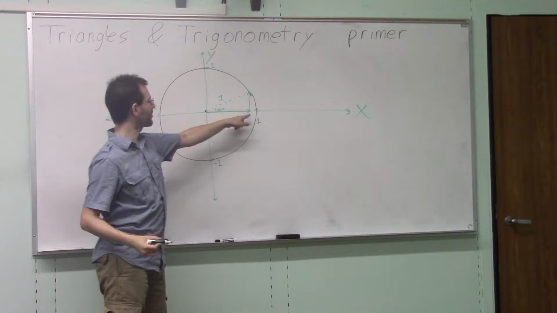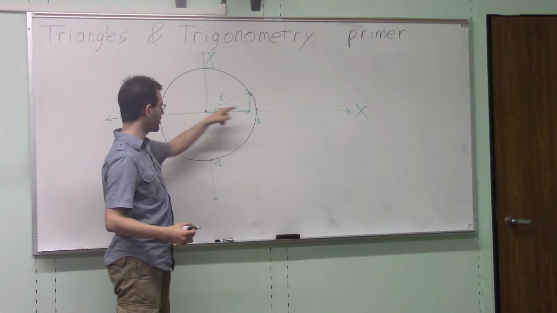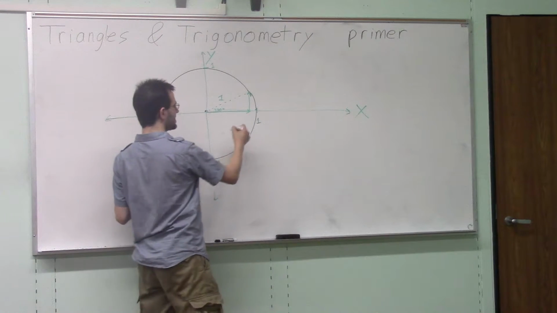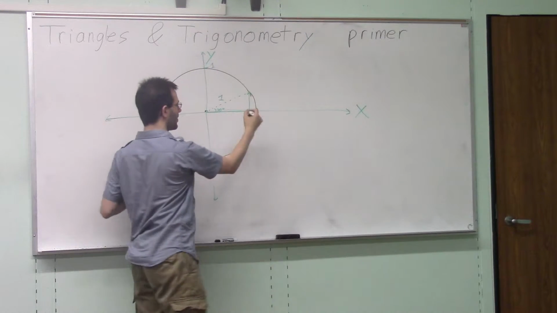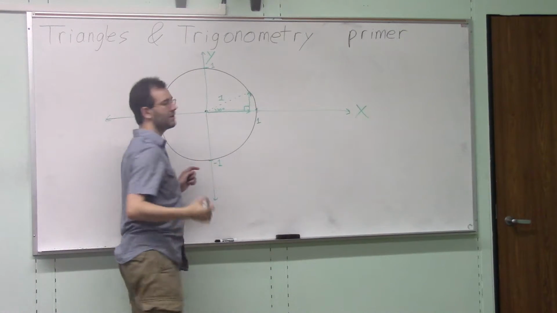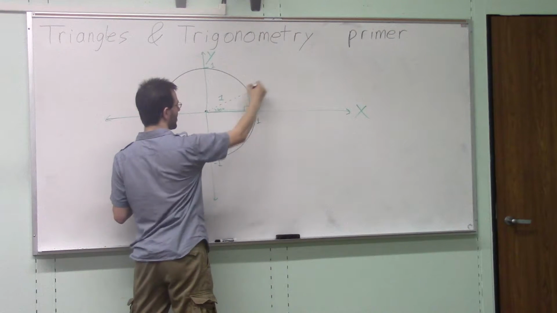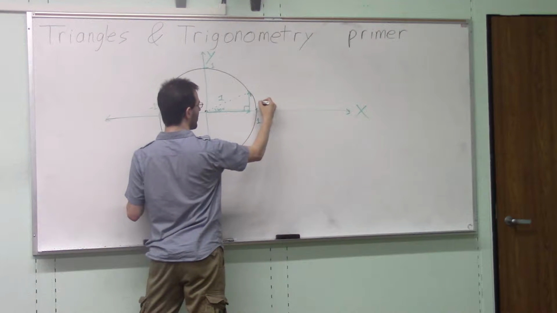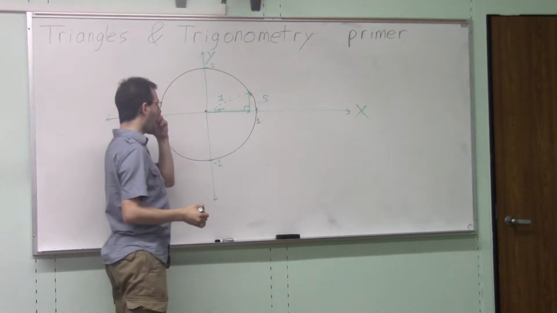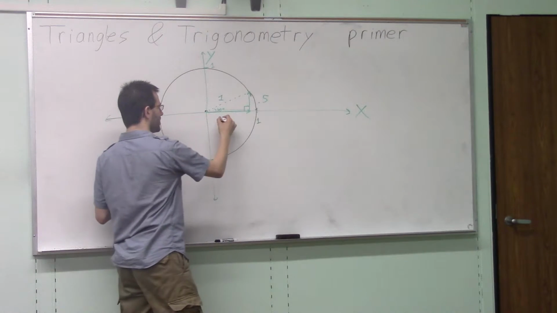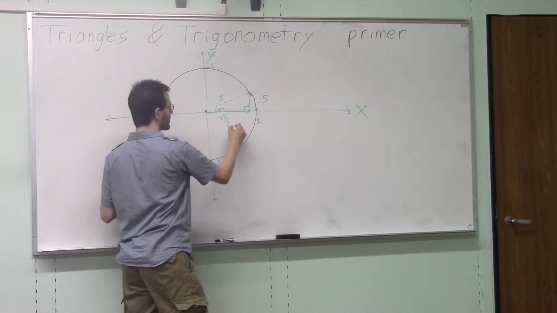Do I know how quickly it's moving up and how quickly it's moving over? Well, yes, because since up is at a right angle to over, I can use sine and cosine here. The opposite side is always half of the hypotenuse, so the opposite side will be 0.5. And over would be root 3 over 2, which you could calculate in your calculator.